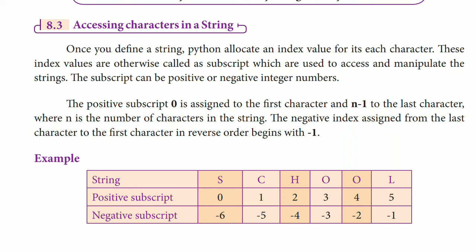In the positive subscript, 0 is assigned to the first character, and n minus 1 is the last character. Let's see a small example, SCHOOL.